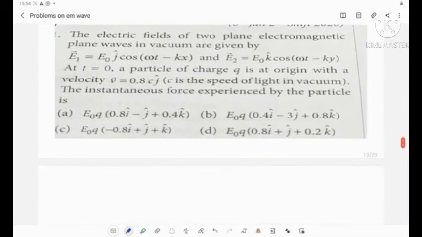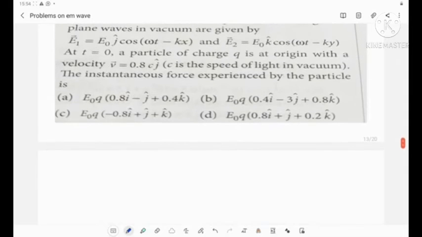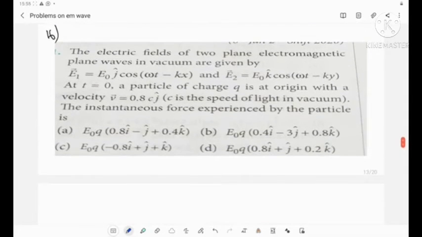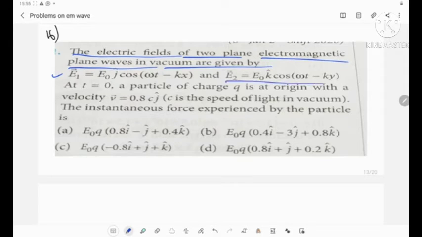Next, problem number 16. The electric fields of two plane electromagnetic waves in vacuum are given by this one electric field and this one another electric field. At t is equal to 0, a particle of charge q is at origin with a velocity v bar equal to 0.8 c j cap.